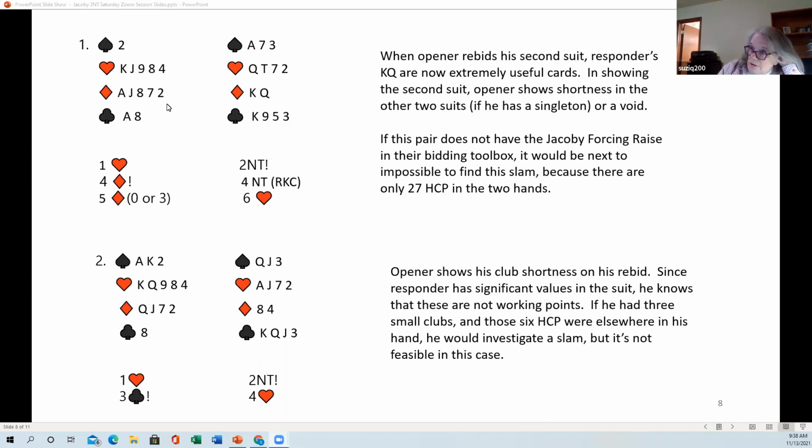But in general, he will not show a shortness or a second 5-card suit if he is a dead minimum with an ugly suit. That would call for a rebid of 4 hearts. Partner did not do that. His hand so far is unlimited.